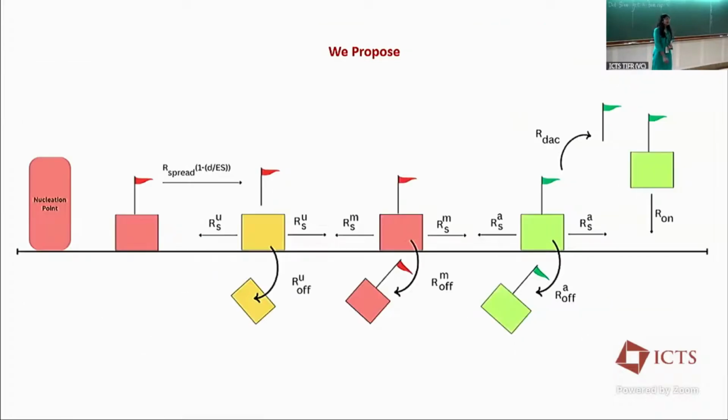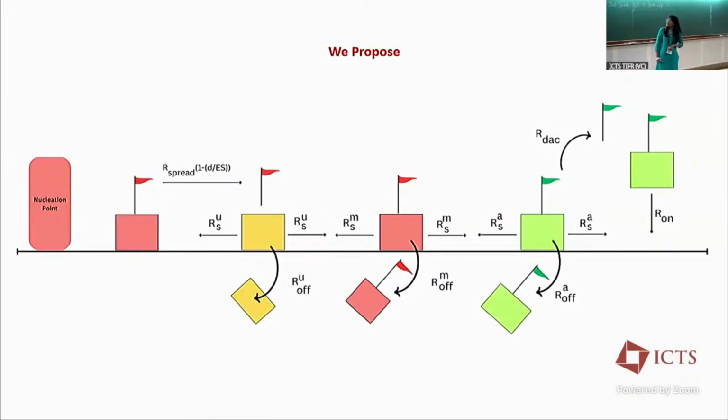So here is what we propose. Any nucleosome binds with an intrinsic rate R_on, and the nucleosome will be acetylated. The acetylated nucleosome can get deacetylated with an intrinsic rate R_DAC. The deacetylated nucleosomes can get methylated on the condition that the immediate left neighbor is methylated and the distance between the two, D, is less than the size of the spreading enzyme, ES.